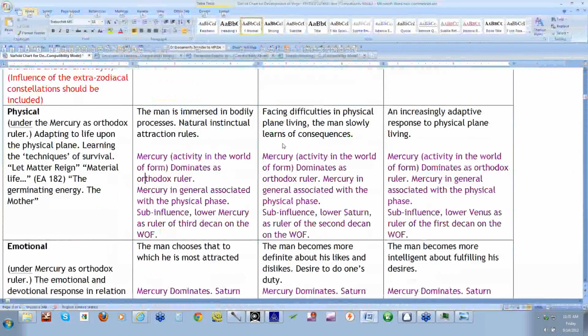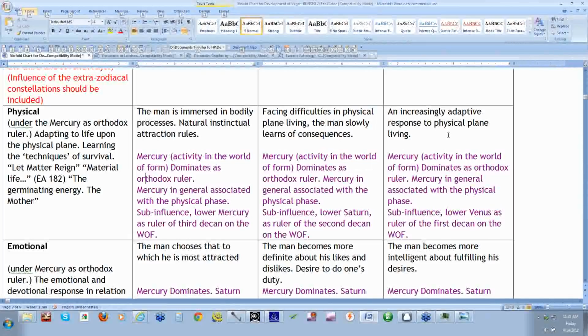So if we look at Mercury here, and we just reverse the normal ways of thinking about this, we have the three: Mercury, Saturn, and Venus.